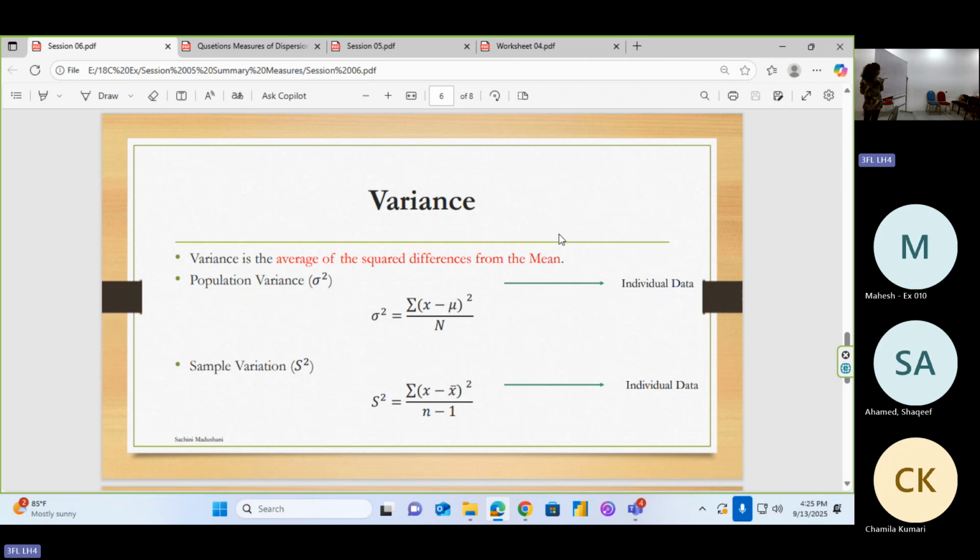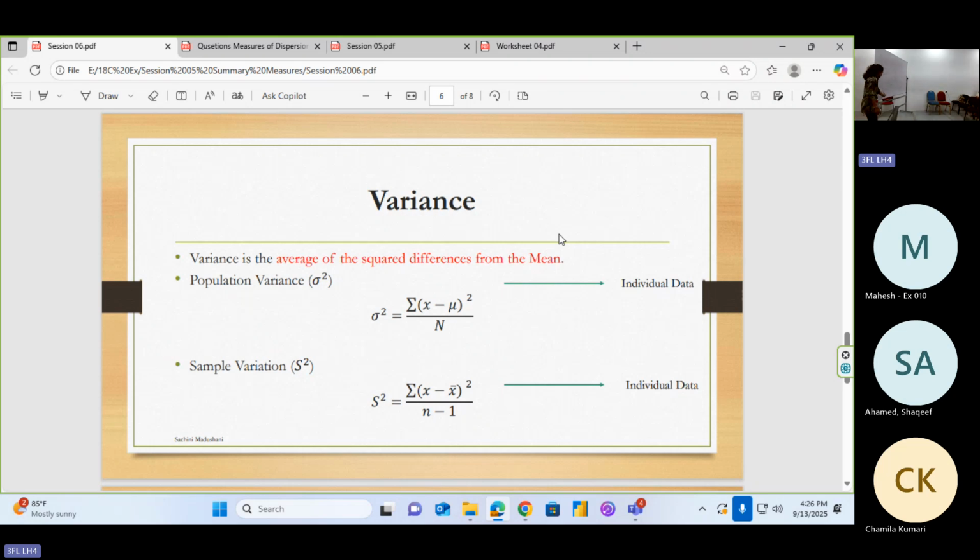Minus 1 squared is plus 1. Then here 0, then here plus 1, then 9 for plus 3 squared. What is the square value of minus 3? Plus 9. Then what is the answer? 20. Now we have the value 20.